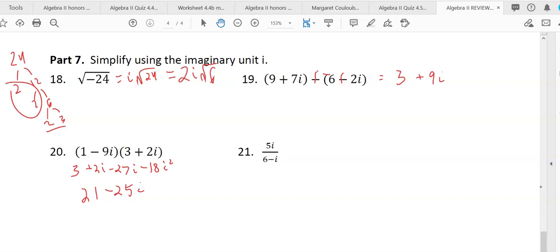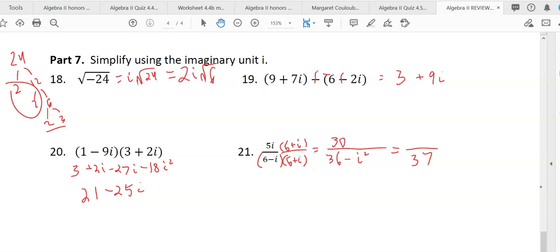Here you're going to have to multiply by the conjugate. The conjugate of 6 minus i is 6 plus i. The denominator should simplify: 36 minus i squared, which is plus 1, because that's a minus a negative 1. So that's 37. And that's not going to cancel. So you could go ahead and multiply it.